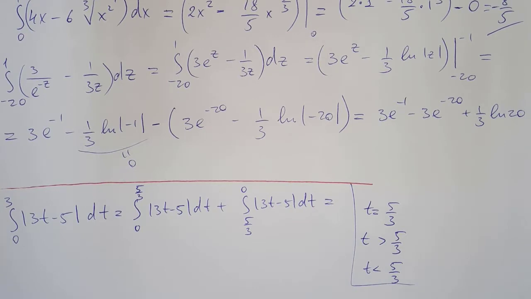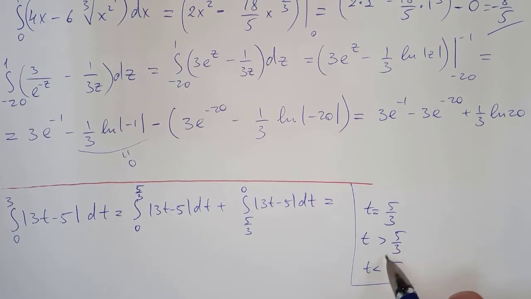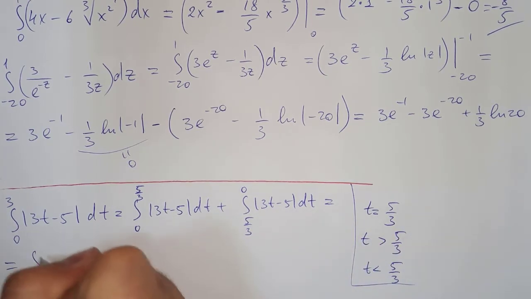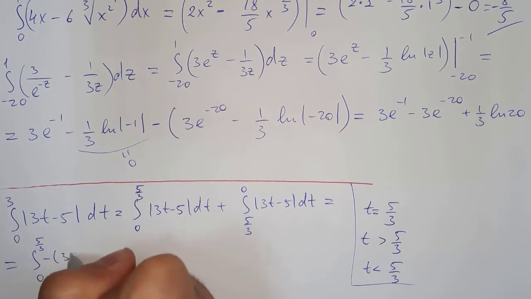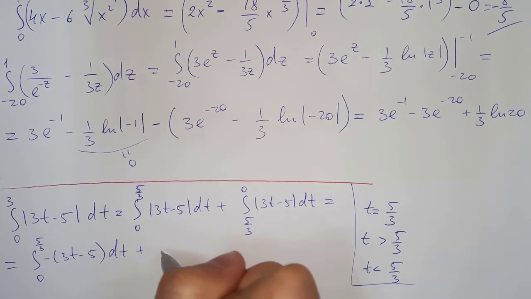Now what we have here, however, we said that in this case it's positive and in this case it's negative, so now we can write integral from 0 to 5 over 3, and however this is negative, so putting minus and opening this bracket, dt, and plus integral from 5 over 3 to 3 of 3t minus 5 dt.